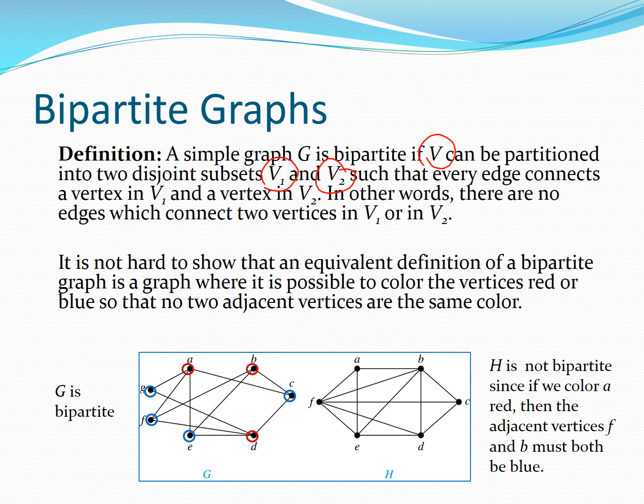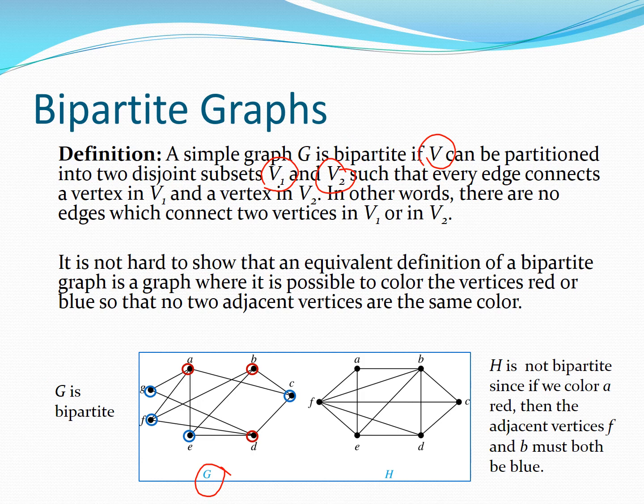All right, so here is an example of two graphs. One of them is bipartite, the other one is not. Let's take the example of your graph G here. It has vertices A through G, and there are edges connecting these vertices as shown. Let's see if you can divide all the vertices into two different sets.